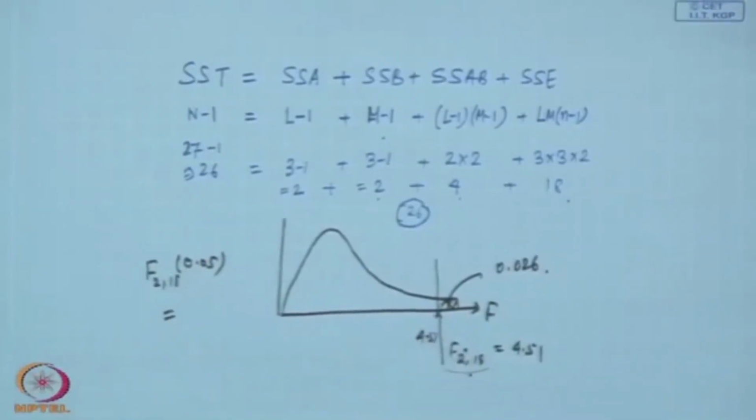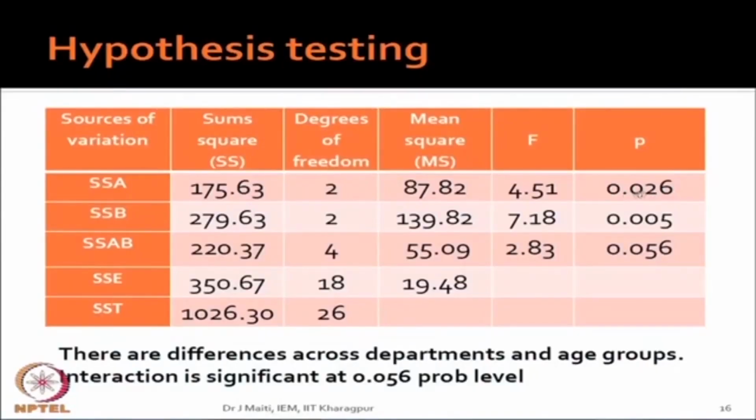So, the first factor contribution is there, and it is much lower than the 0.05 significance level. The second factor is also the same. But the third factor, which is the interaction factor, is slightly more than the requirement of 0.05, that is the 5% probability level, but we can consider it significant.